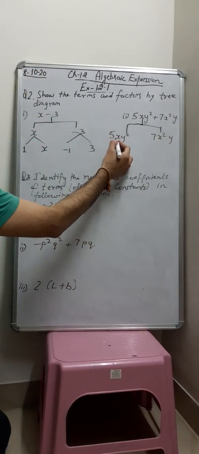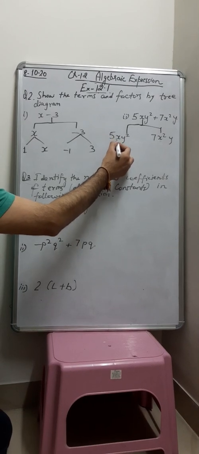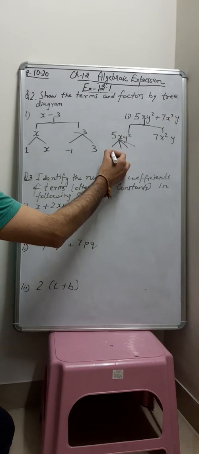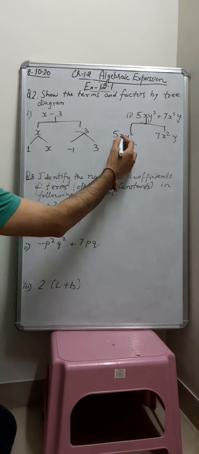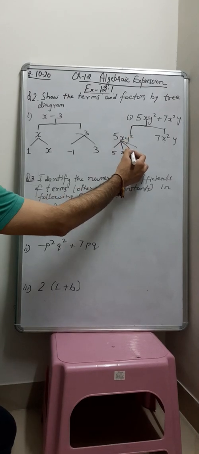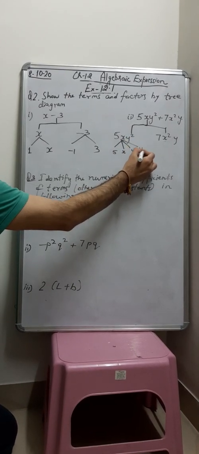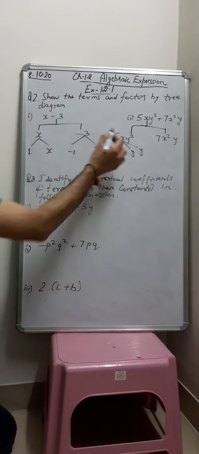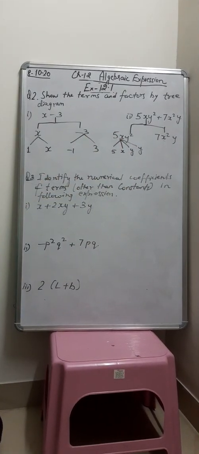The first term has the factors 5, x, and y square. Y square means y and y. So 5, x and y are all the factors of 5xy square.